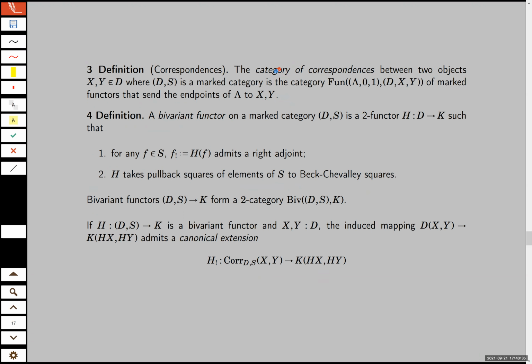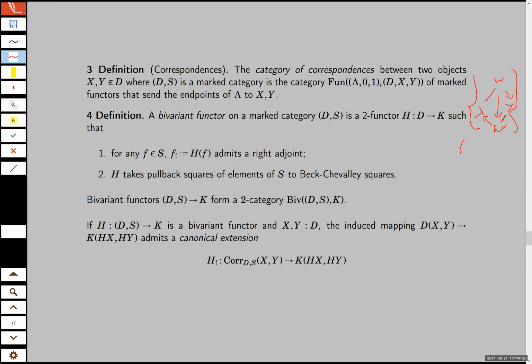Here I'm just defining the category of correspondences between two objects, not the category whose objects are correspondences. I said that in a very confusing way. The objects of this category are spans between X and Y. These are the objects, and a map between two objects is just a map of spans, in the obvious sense.